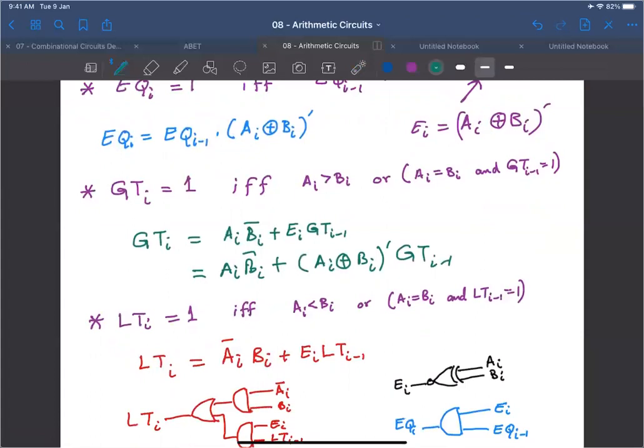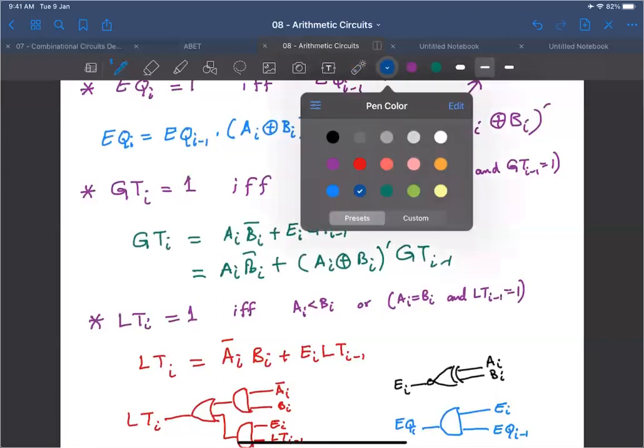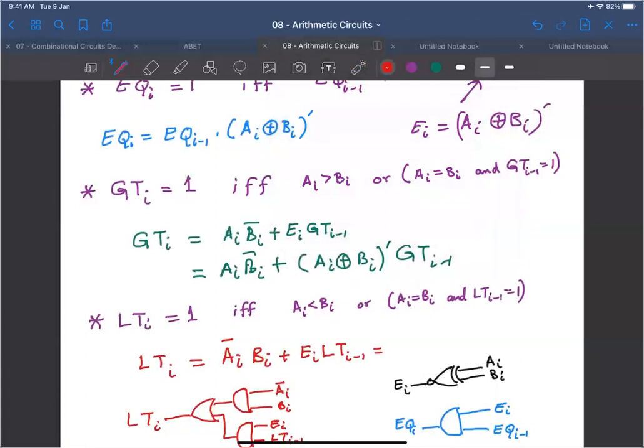So this is the case for LTI, and similarly we can change this to AI complement BI ORed with AI XNORed with BI ANDed with LTI minus 1. So this is simple.